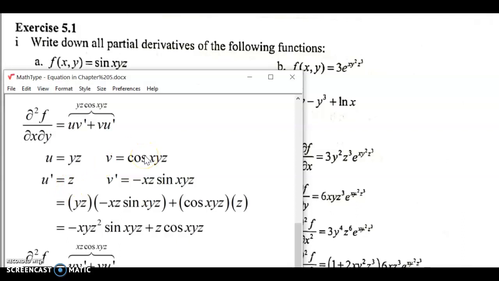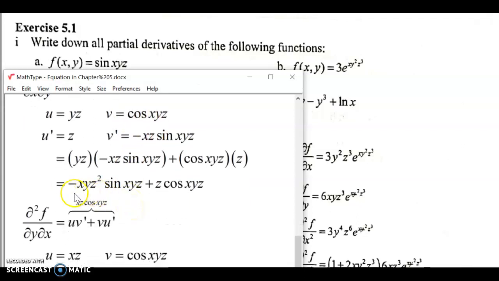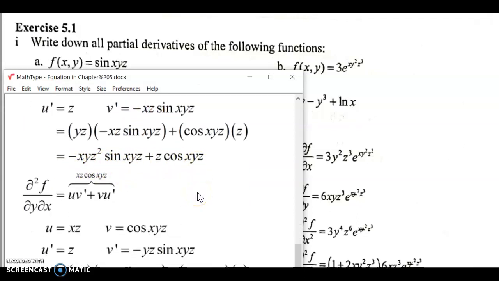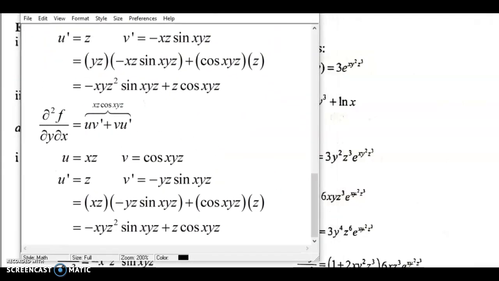And then for cos, right, we get xz with negative sin. Substitute, and this is what you get. And for the mixed derivative of y to x, we use the first derivative of y, and we proceed till the end. And you should get, as you can see, for the mixed partial derivative, they should be the same.